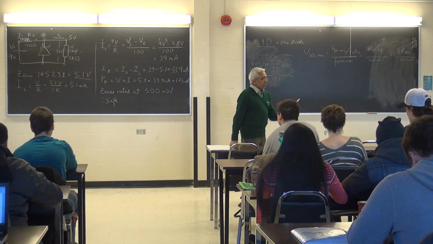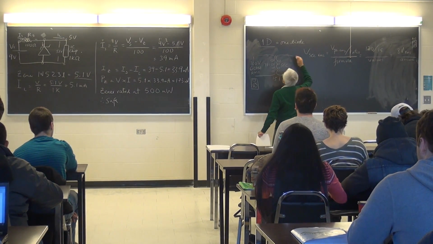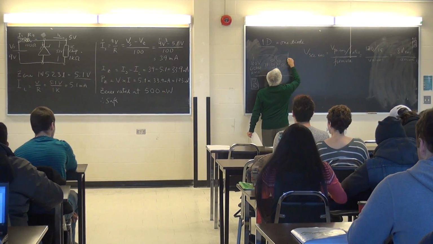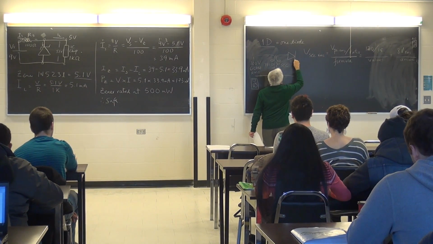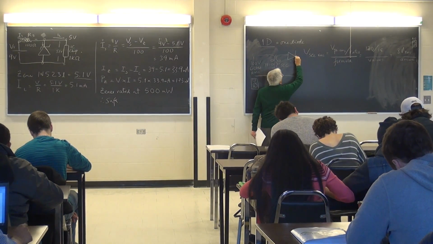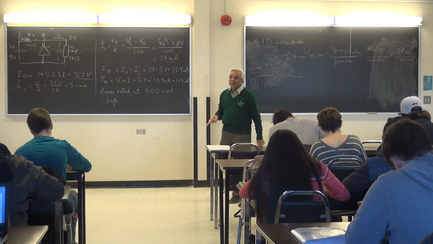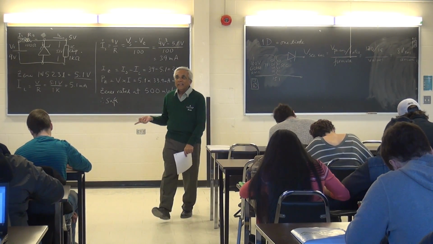Now what I'm going to do is complete my circuit. So what I do is I place a diode here. And that's it. That is a circuit that will convert AC to DC.